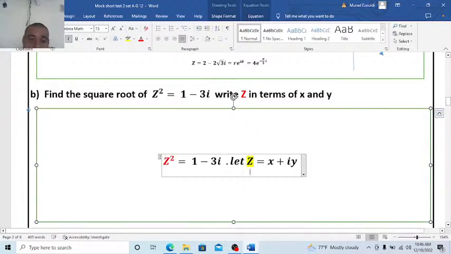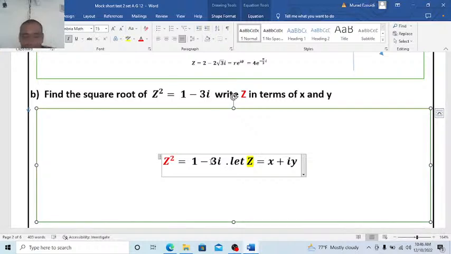I should square this z, and then equate both equations in terms of complex numbers, and then I will say real part equals real part and imaginary part equals imaginary part. Then I will start solving, find x and then find y.